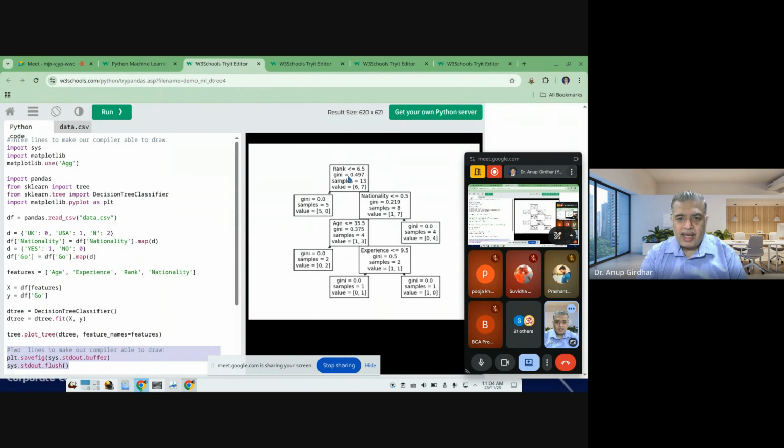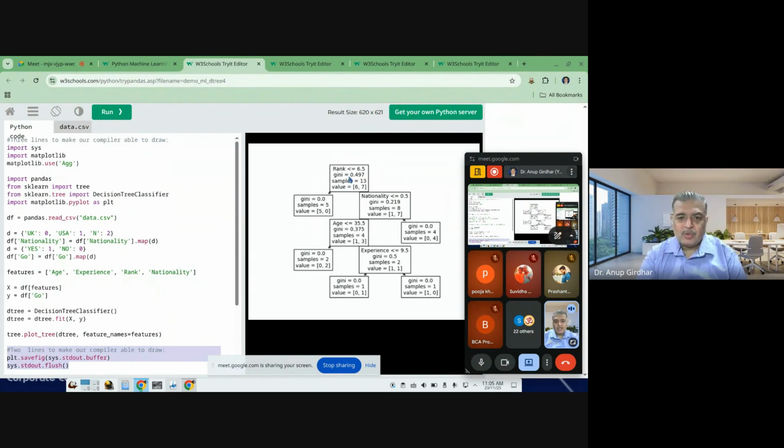So you got a rank. If rank is less than or equal to 6.5, we find a Gini value, total samples, and the values out of it. There are 6 samples where the rank is less than 6.5. How many out of 7? There are 6 values where the rank is less than or equal to 6.5.